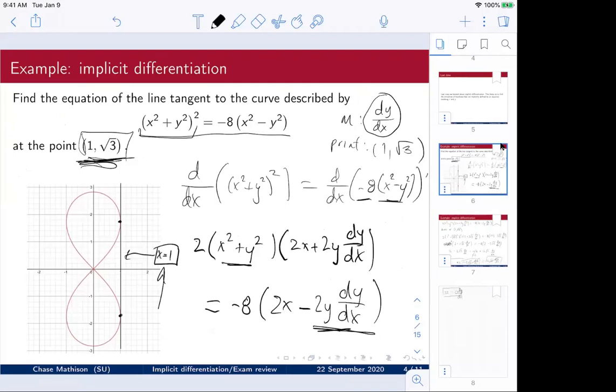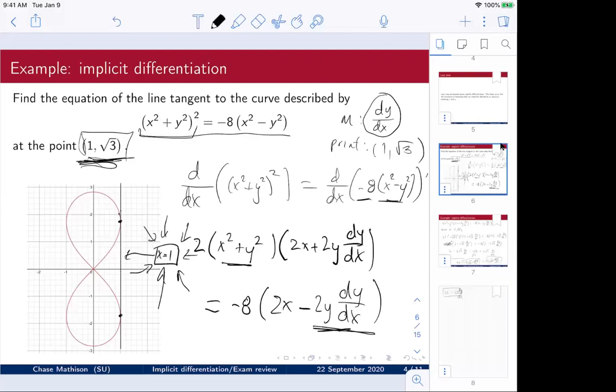Our slope, you could think of it as 1 over 0, right? We go up 1, we start at x equals 1, we go up 1, and then over 0. But again, that's 1 divided by 0, which is undefined. So this is the only way to write your answer, x equals 1. Okay. Yeah, good question.